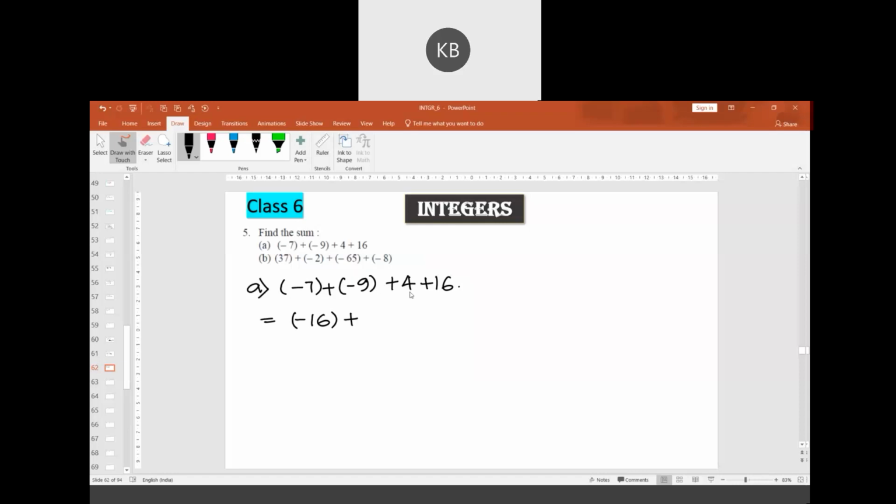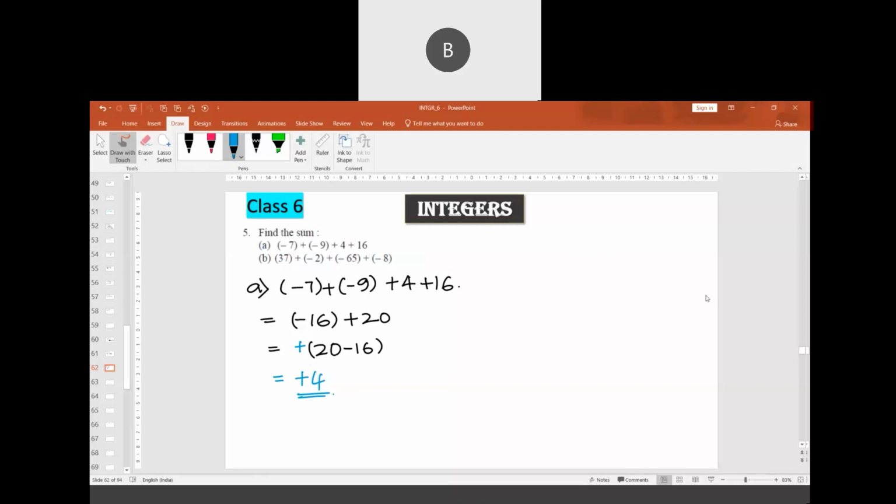Minus 16 added to plus 4... we have to do subtraction in the last step. We will take the sign as plus. So the answer is positive 4. Very good.